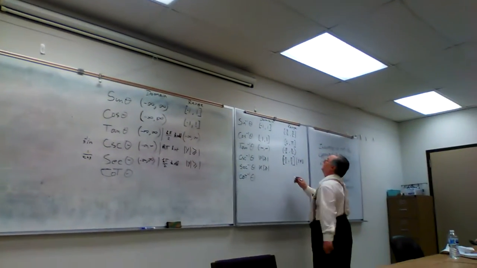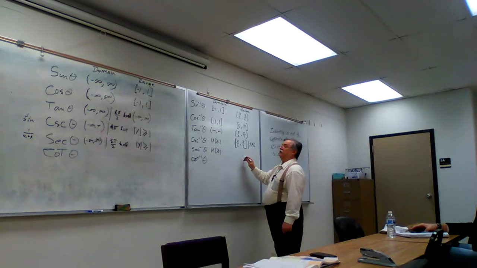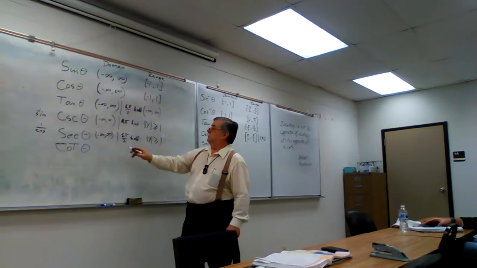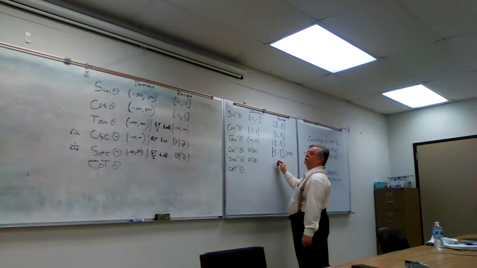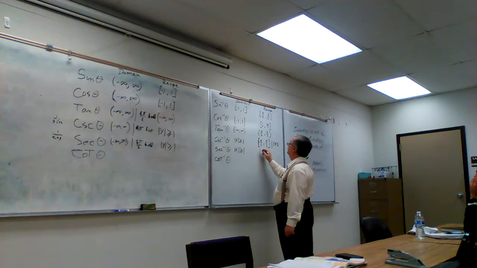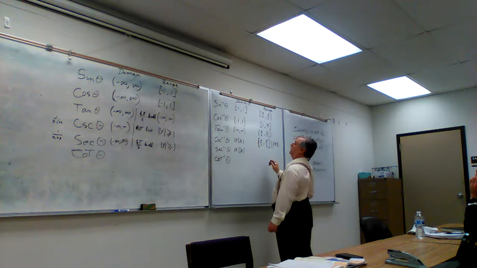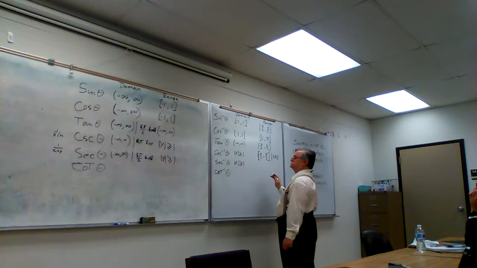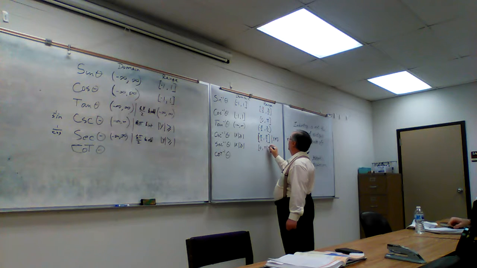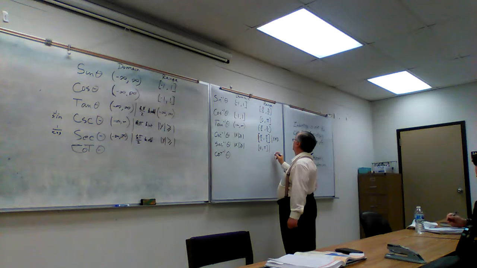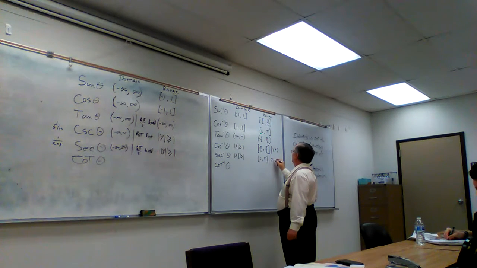That means its range is minus infinity to infinity, exclusive. No. Yeah, it is. Its range is going to be 0 to pi inclusive, except when y is equal to pi over 2.